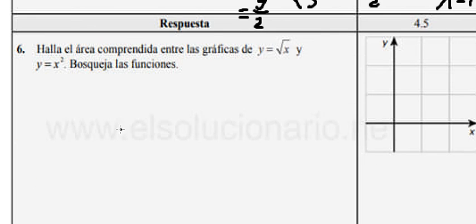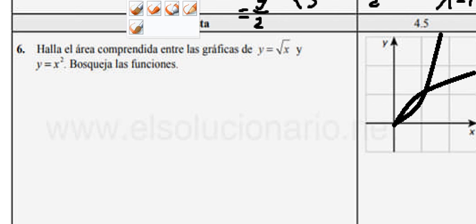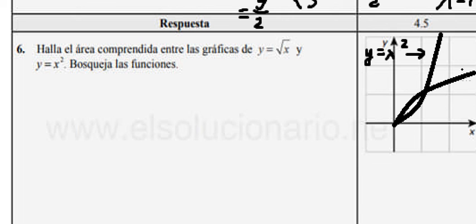The next one, we need to graph the function between y equal to square root of x and y equals x squared. The graph should be like this. So this one is y equal to x squared. This one is y equal to the square root of x.